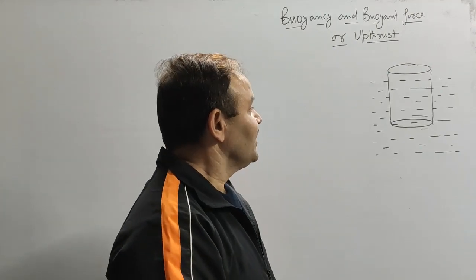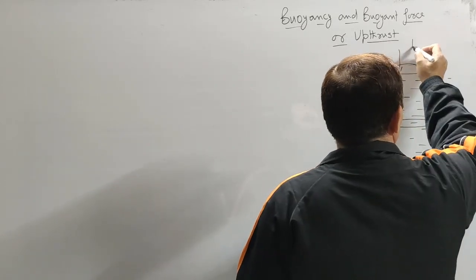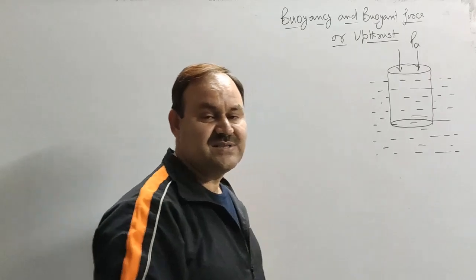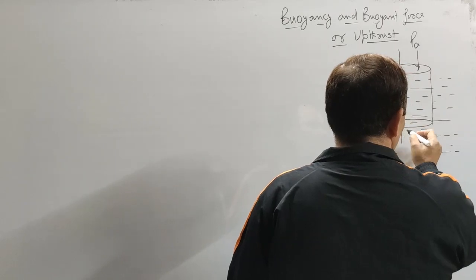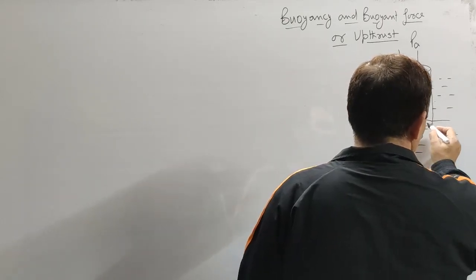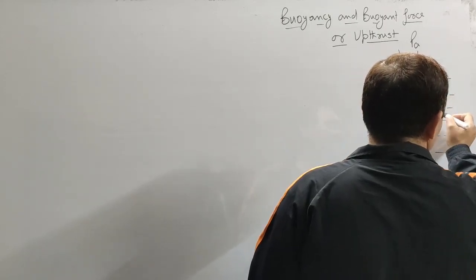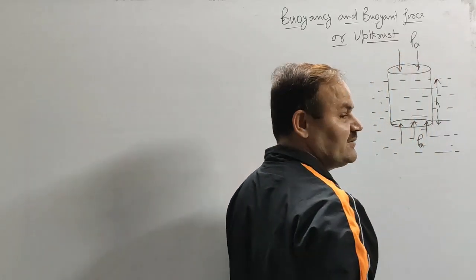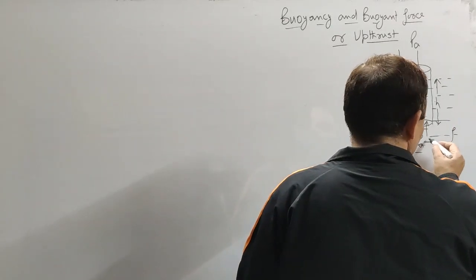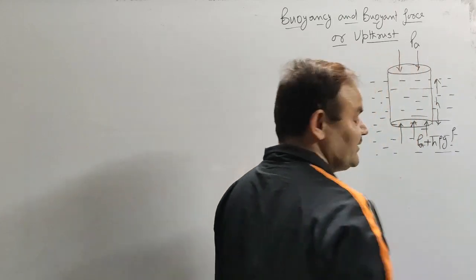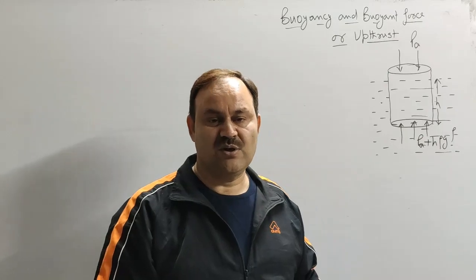Now, this body will have atmospheric pressure PA acting on its uppermost surface, while if its depth within the liquid is H and the density of the liquid is rho, then PA plus H rho G will be the pressure acting upwards at its lower face.